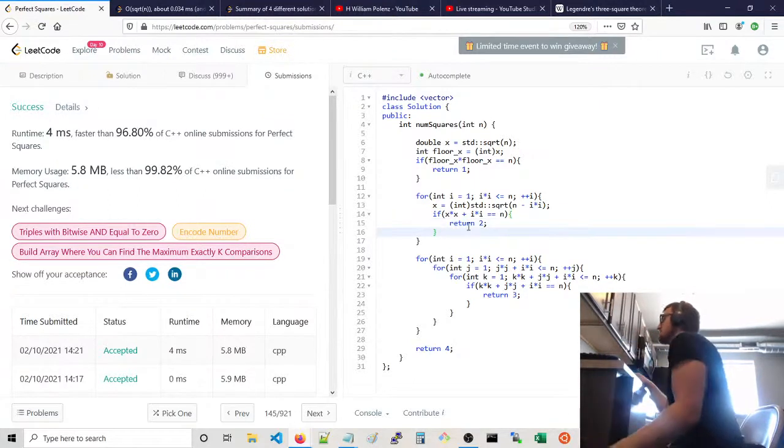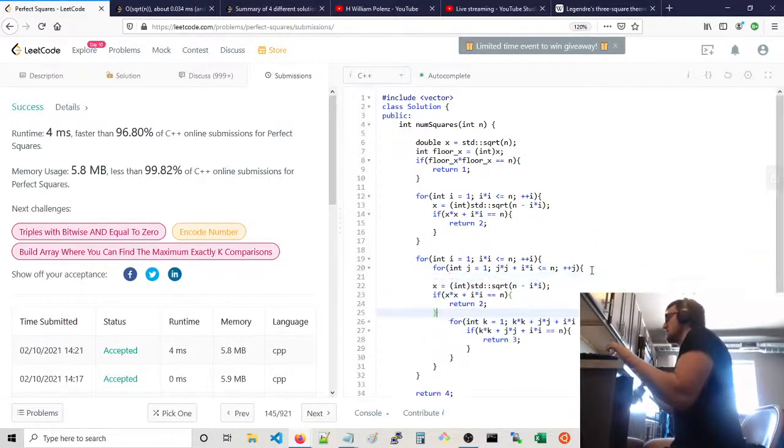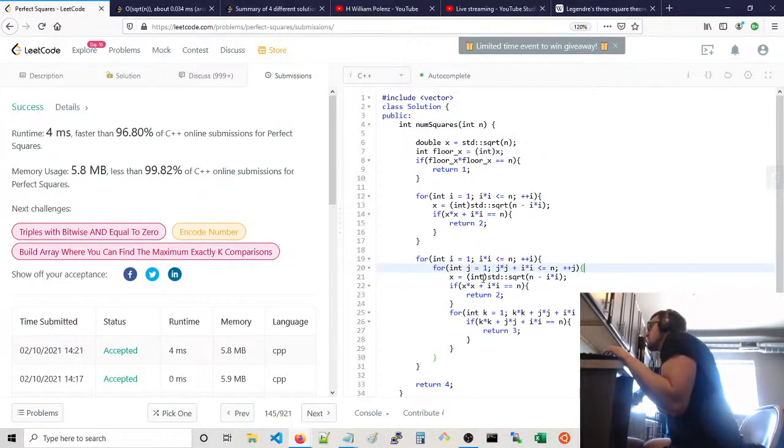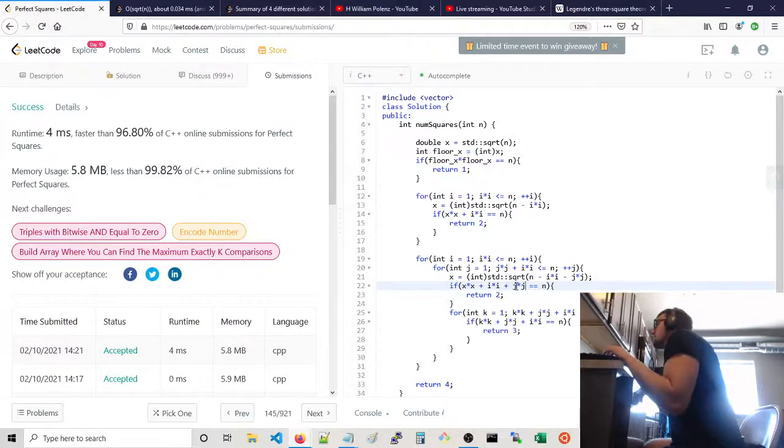And the last one, I'm going to do this same routine to make this faster. Remove that loop. X equals square root of n minus i times i minus j times j, if x times x plus j times j, return 3.